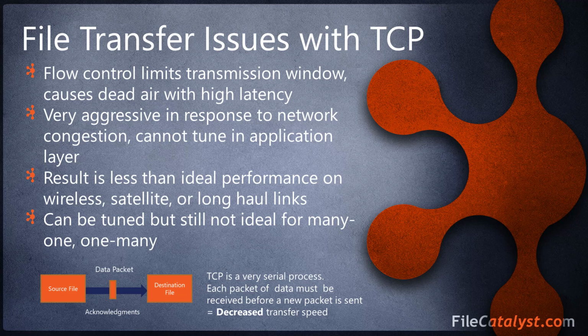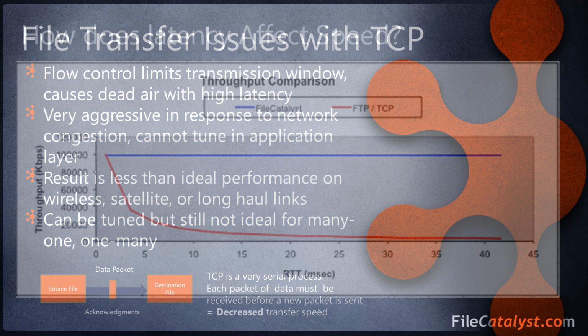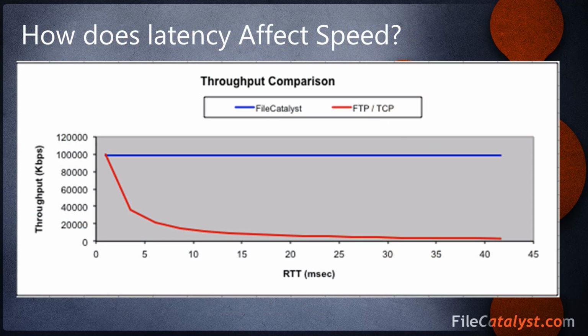And because this is lacking, it makes synchronization tasks much harder than they need to be. On this chart, we have a slide showing how latency affects transfer speeds for TCP and FileCatalyst. And as you can see, as soon as RTT, or round trip time, which is the amount of time it takes for a packet to be sent and its corresponding acknowledgement to be sent back to the sender, even marginally enters the equation, TCP's throughput drastically drops.